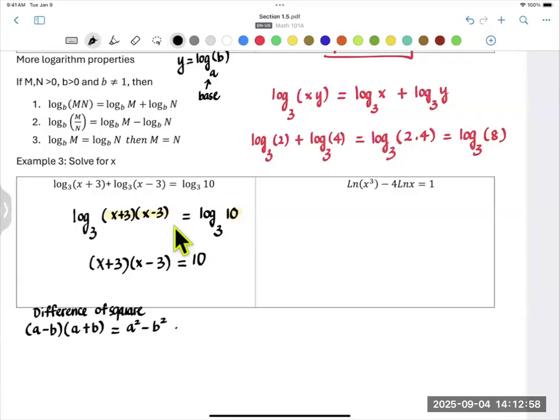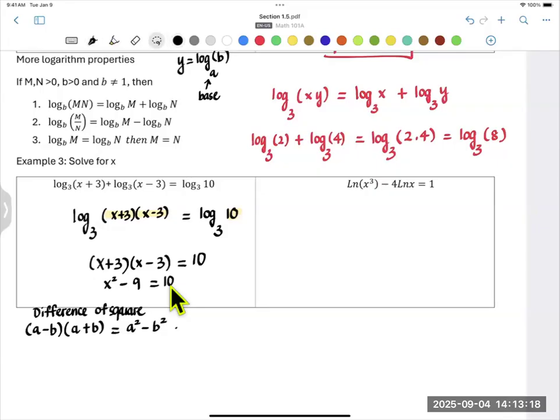So it means we're going to have x squared minus 9 equal to 10. You have the first term squared minus the second term squared, and that equals 10.